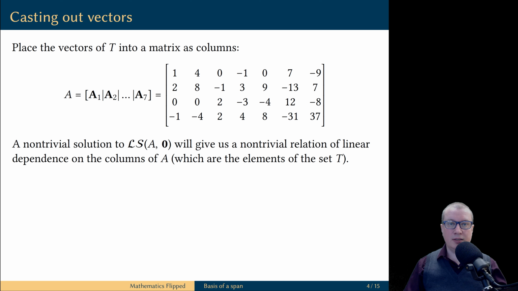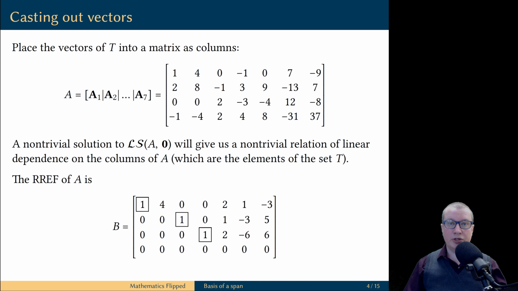In turn, it means we can construct non-trivial relations of linear dependence on the columns of the matrix, and the columns of the matrix are precisely the vectors in the original set T. To construct non-trivial relations of linear dependence, we need, of course, solutions to the homogeneous linear system.